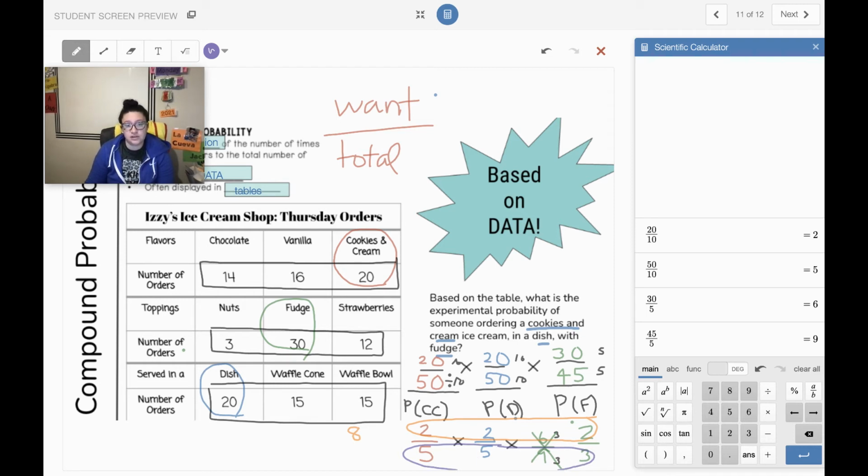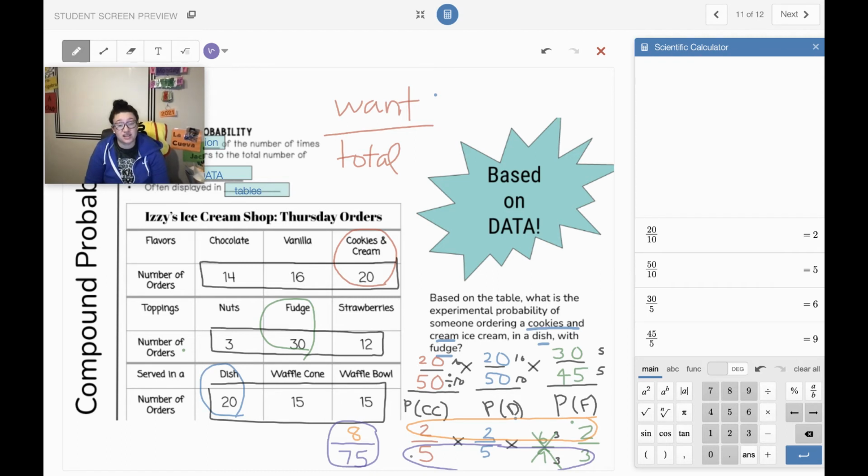What's 25 times 3? Or if I have 3 quarters, 75. So the probability of somebody ordering cookies and cream in a dish with fudge is 8/75. So 8 people in every 75 you would expect would place that order.